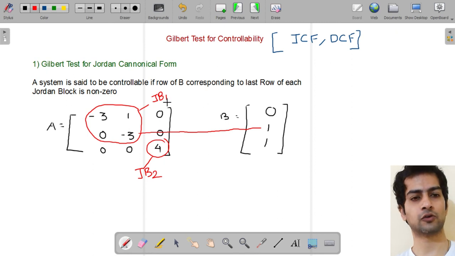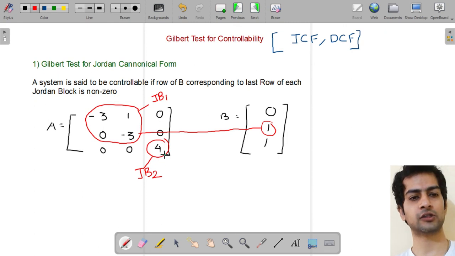Now, for Jordan block 1, if we refer to the last row, and corresponding to this row, we refer to matrix B, then we have element 1, which is not 0. So this satisfies that my system is controllable for JB1.